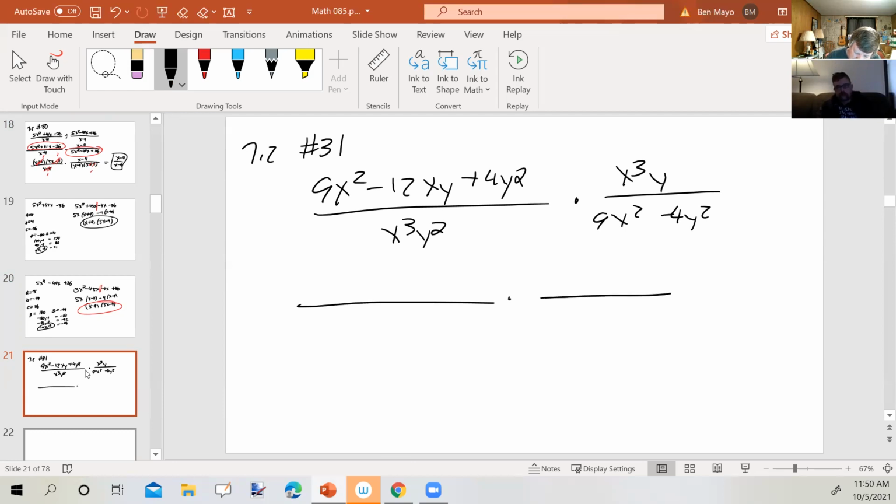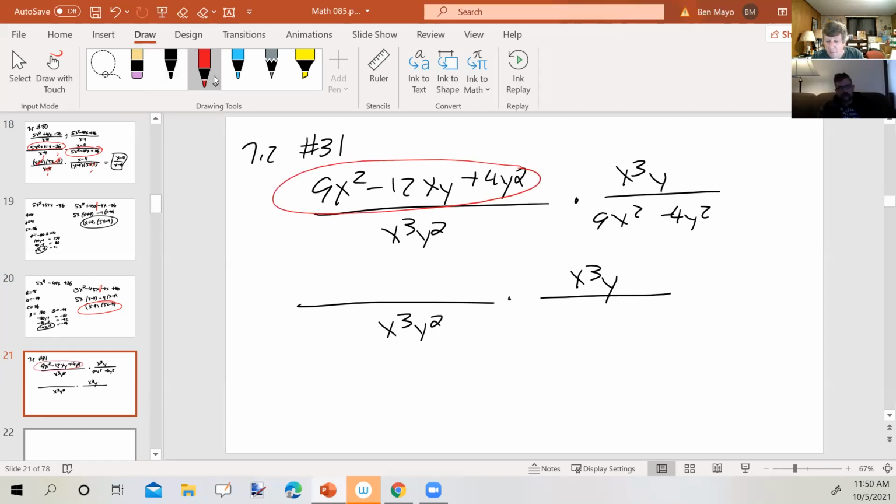Okay. Well, we're going to leave this alone, and we're going to leave that alone for now. That is a trinomial in standard form. No greatest common factor. It looks like it could be a perfect square. So let's see if it is.